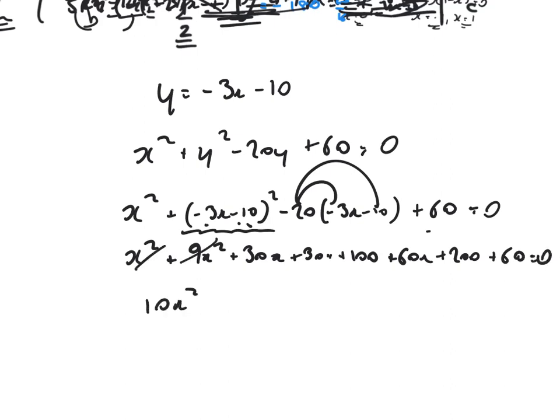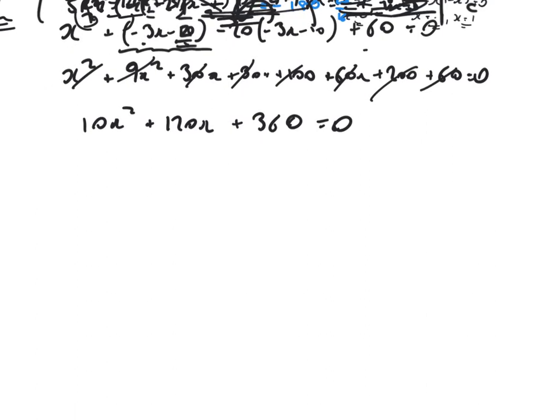I then get 10x squared plus 120x plus 360 is equal to 0. Now, two methods of proving tangency here are to use the discriminant or factorise for equal roots. The advantage of factorising for equal roots is that it also takes you on the journey to the point of contact, so I'm going to go for that.